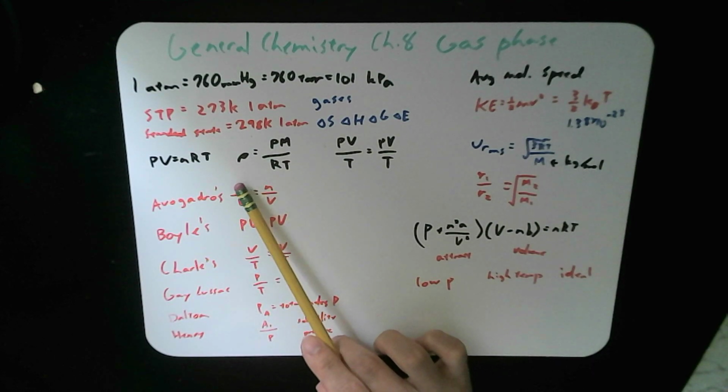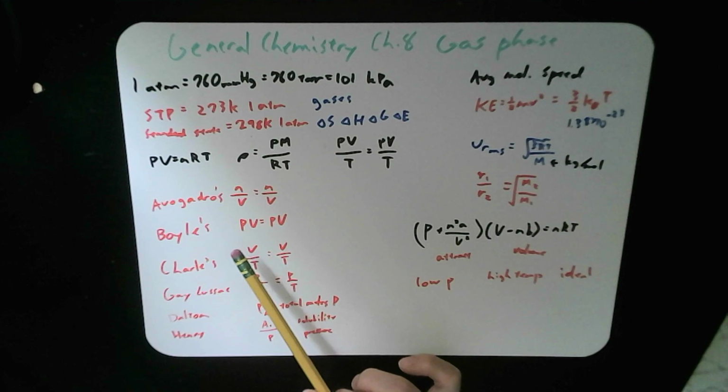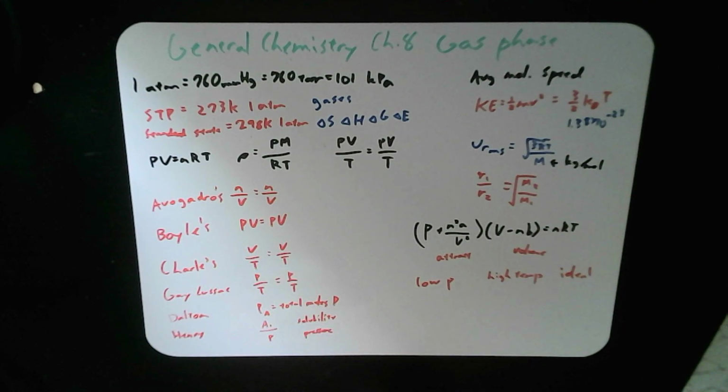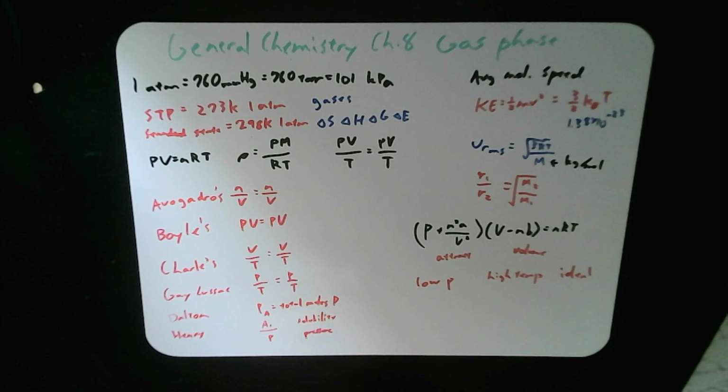If we increase N by a factor of 2, volume should also increase by a factor of 2. Boyle's law, temperature is constant, so PV equals PV. If we increase the pressure, the volume should decrease in the same proportion.